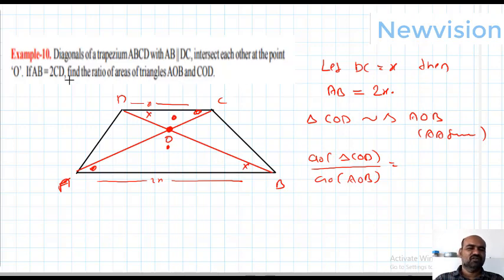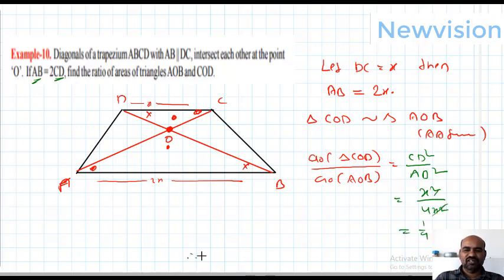What do you want? Yeah, relation between CD and AB given, no? So now I can say that this is nothing but CD square by AB square. Okay. You want this ratio, CD square. CD means X, X square I can write. By AB square means 4X square I can write. X square cancels, you get 1 by 4.